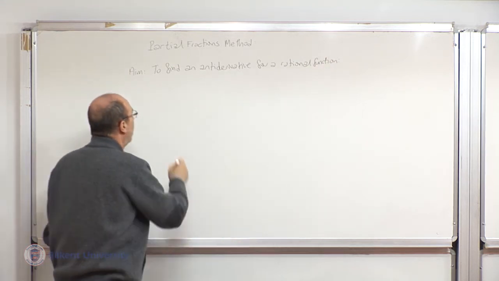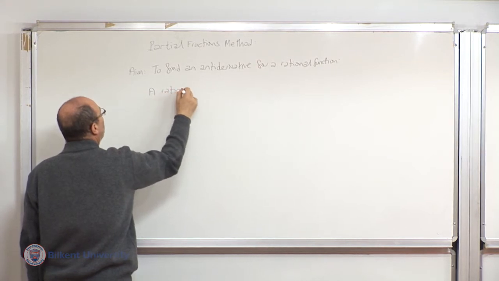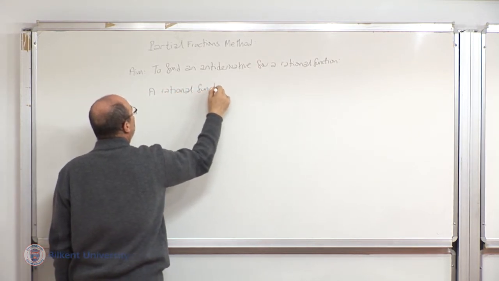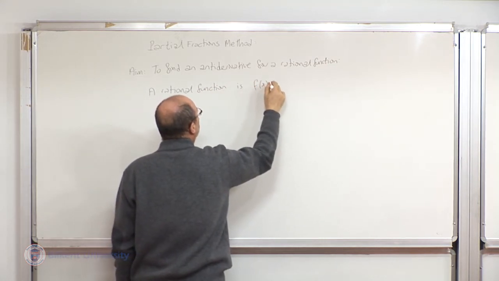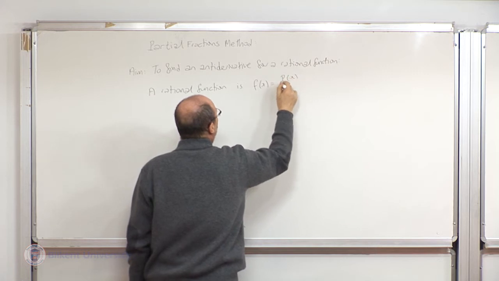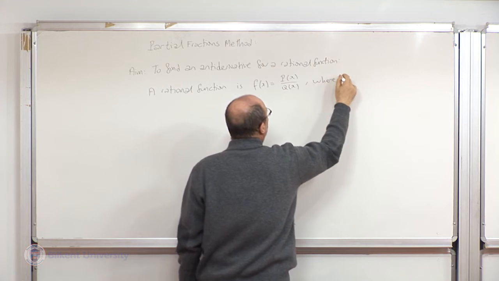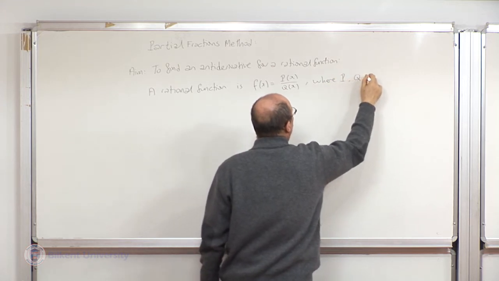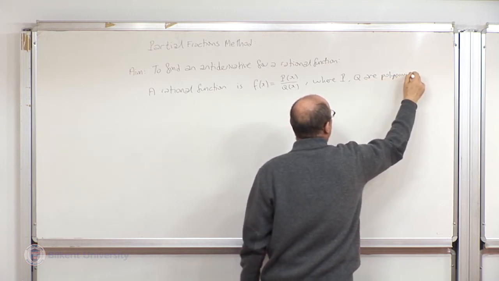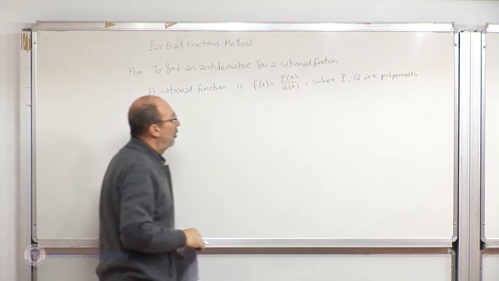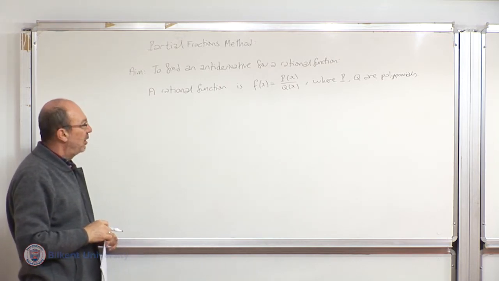A rational function is of the form f of x equals p of x over q of x, where p and q are polynomials. Theoretically, we can explicitly write down an antiderivative for this.